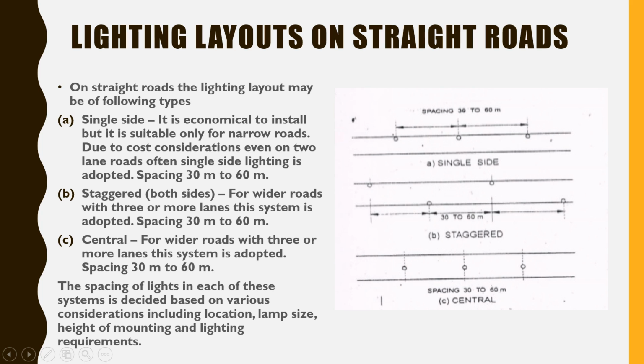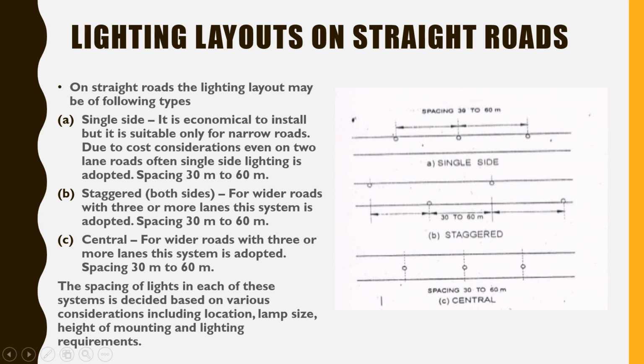Now the central layout is also used for wider roads with 3 or more lanes, and the spacing is 30 to 60 meters. You can see in this figure that the lights are laid centrally, with a spacing of 30 to 60 meters.